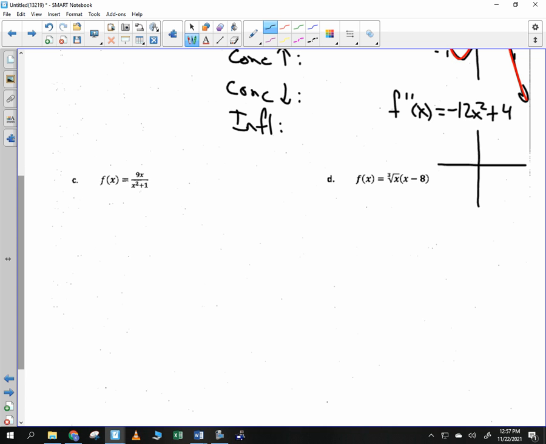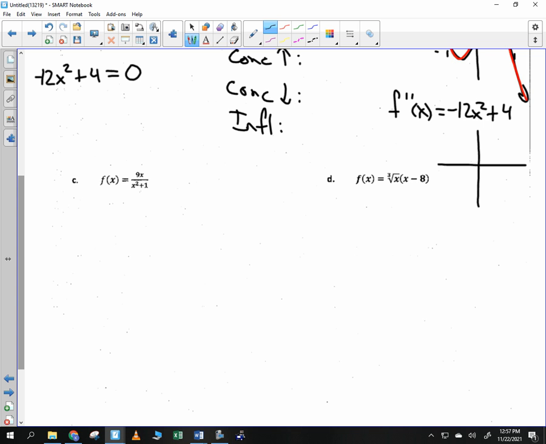Shape, parabola, upside down. Could we find where this crosses the x-axis? Yeah, I'm going to use some space over here. Where does negative 12x squared plus 4 equal 0?